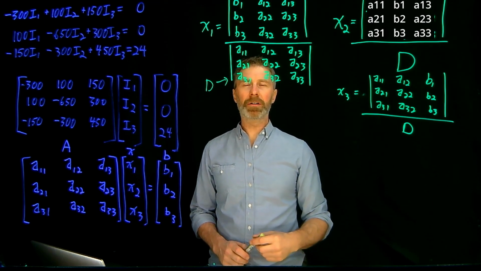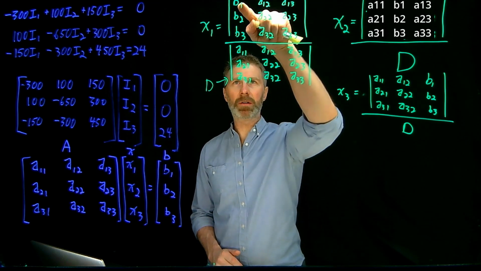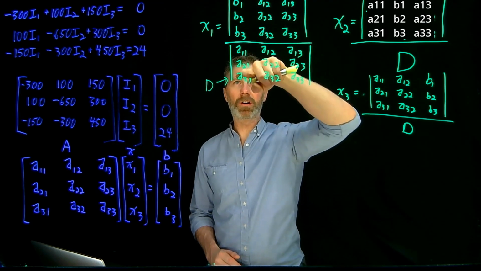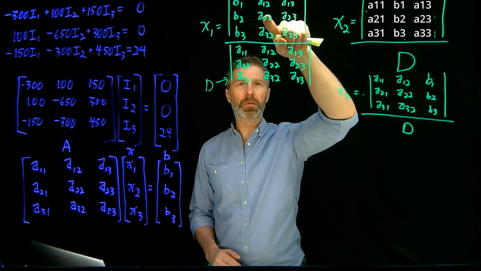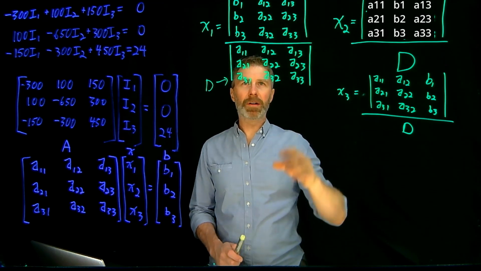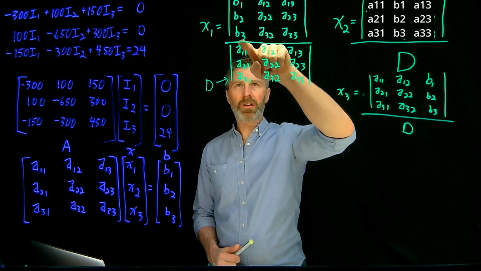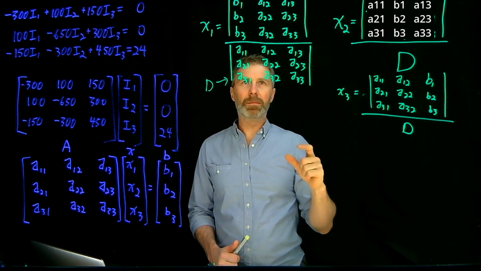So basically what a minor is, it's if you pick an element in the matrix, so let's say we pick B1, the minor is all of the elements that are not in the same row or column. So the minor for B1 are these 4. So this expansion of minors method basically needs to take a value from each one of the rows and columns and then multiply that value by its minor.